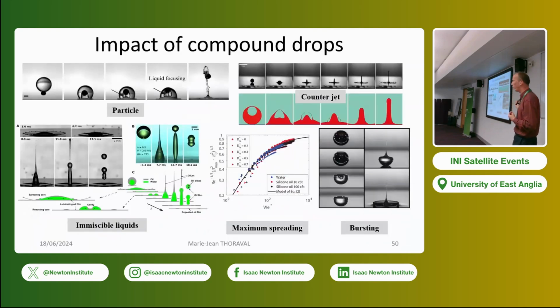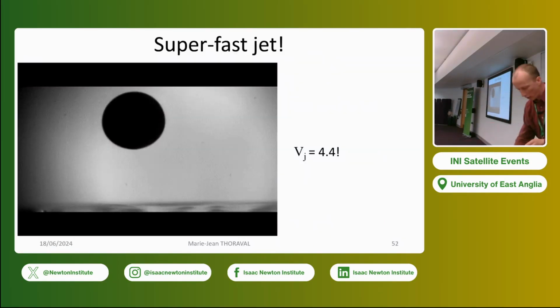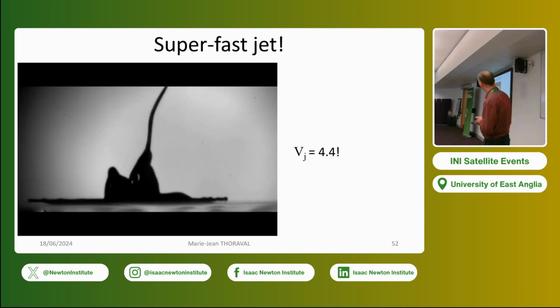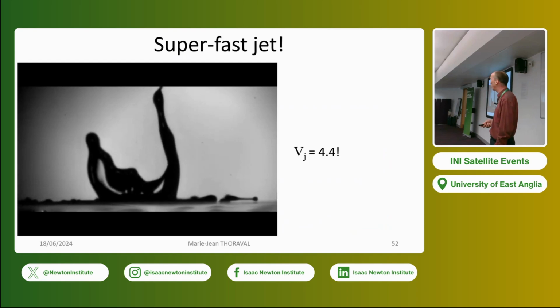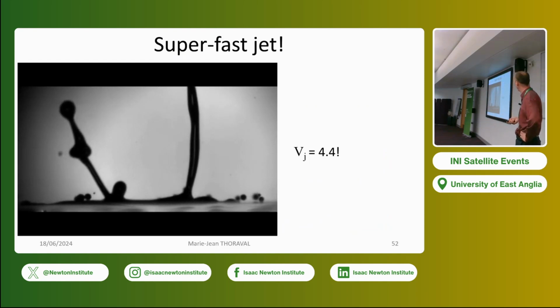And there are some other studies where, instead of putting bubbles, we can also put particles or immiscible fluids into the drop. Here is a nice movie of another kind of jet that you can get, which is less axisymmetric, so it's a bit more difficult to study numerically. That's where the experiments still come in handy to understand the dynamics. We don't understand what's happening, so this is still an open question.